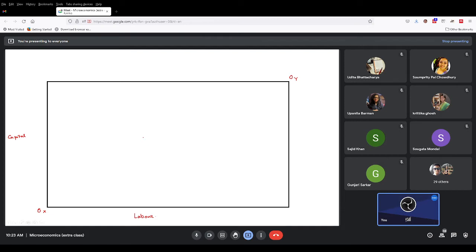Now tell me, suppose the production of Y is over here, and the allocation of labor and capital to X is given by this point. Is this an efficient point? And if not, why not?